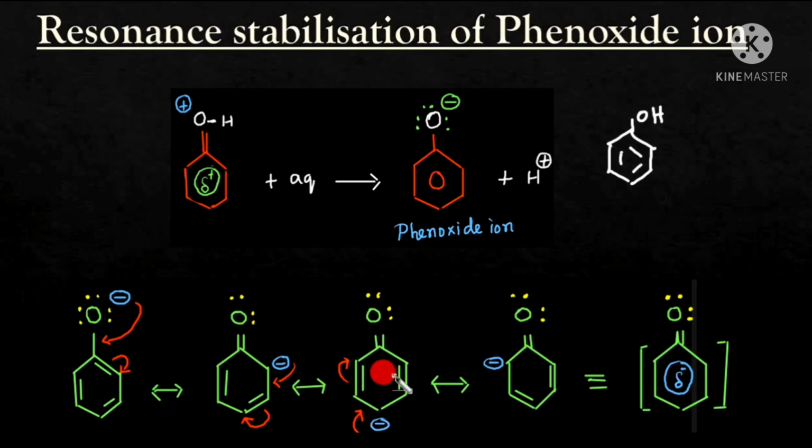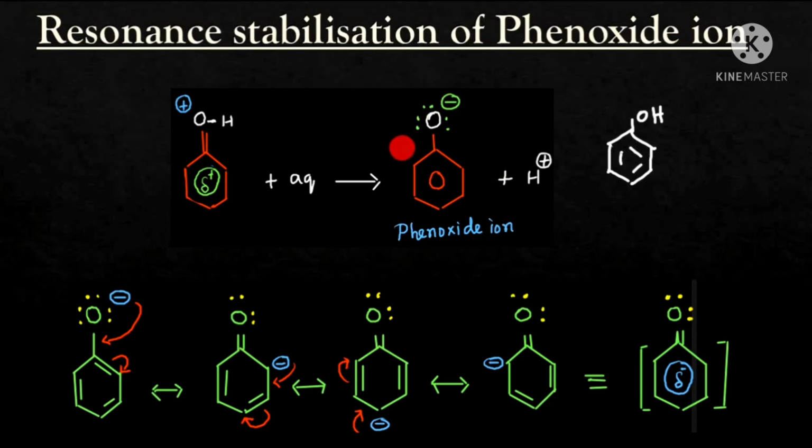Likewise there will be delocalization of electrons and different resonating structures. Finally, this is the resonance hybrid. Since different resonating structures are formed and the electrons are completely delocalized, this phenoxide ion is more stable. So phenol is more acidic because of the greater stability of the phenoxide ion. Both phenol and phenoxide ion are resonance stabilized.